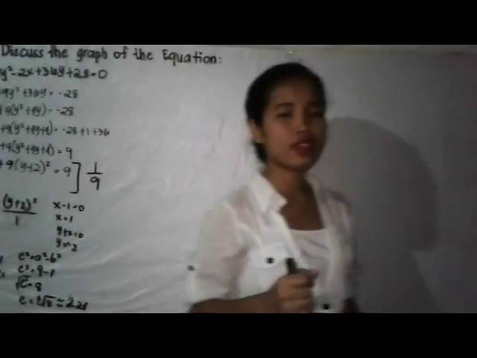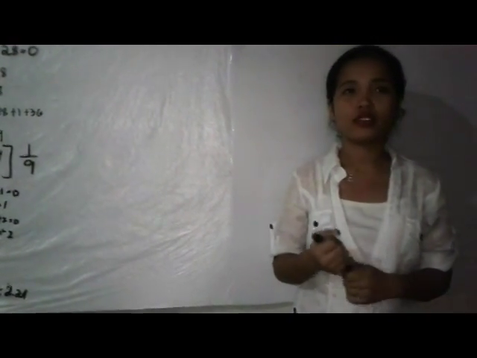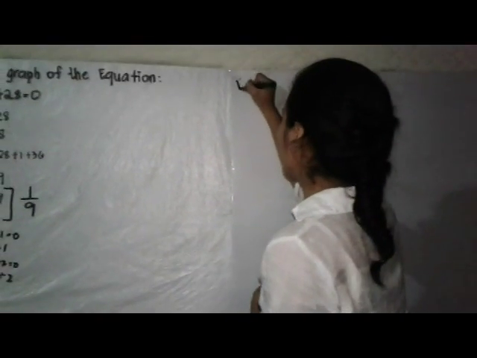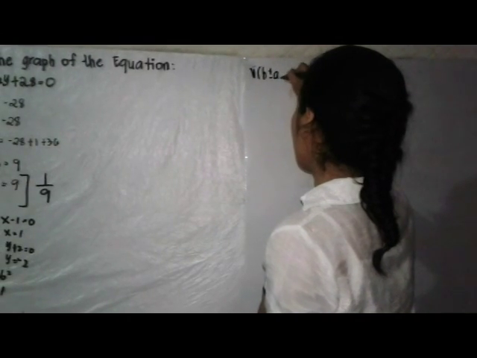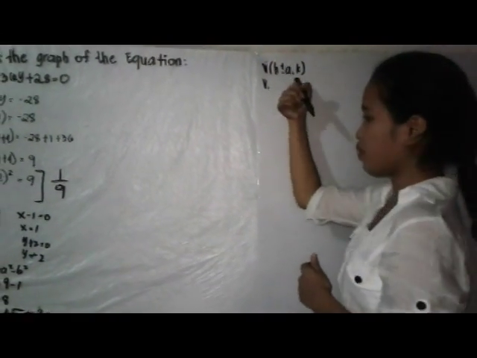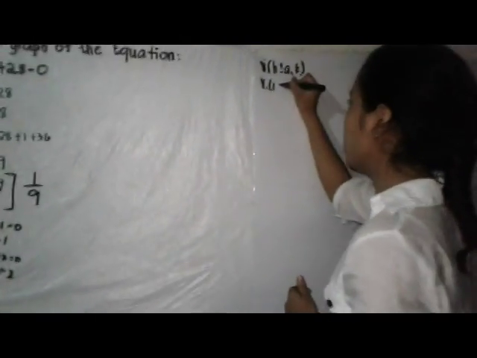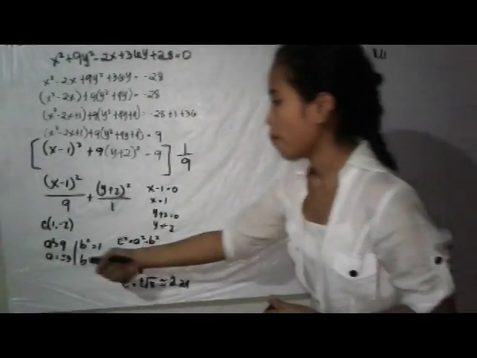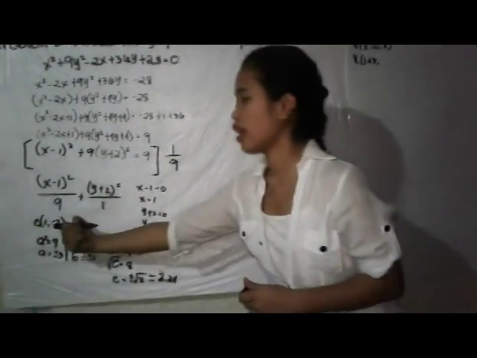In finding our vertices, we have to consider this: h plus and minus a, k. So we have our vertex 1, which is h plus a, k. Substituting, we have h, which is positive 1, then our a, which is positive 3, and our k, which is negative 2.